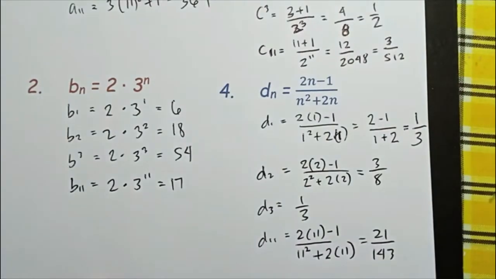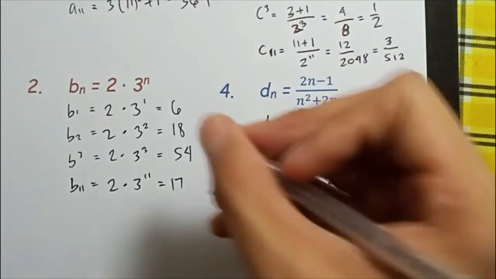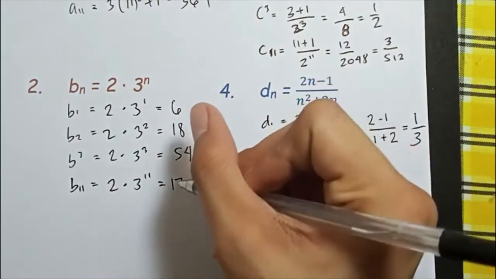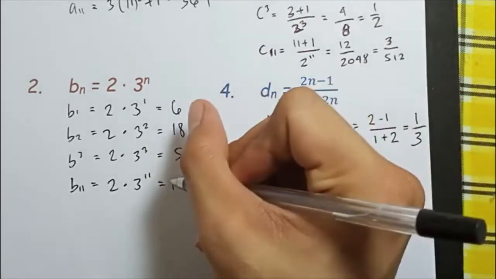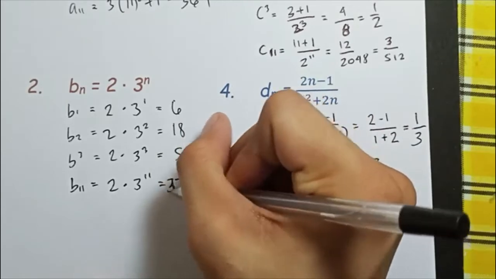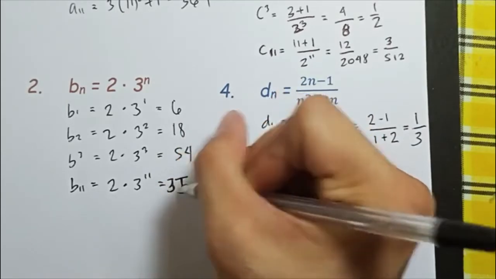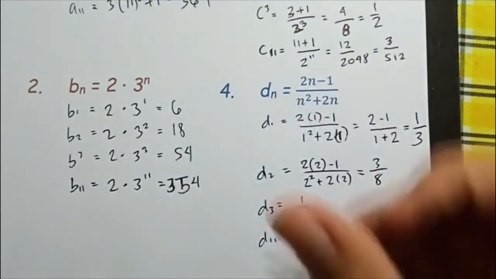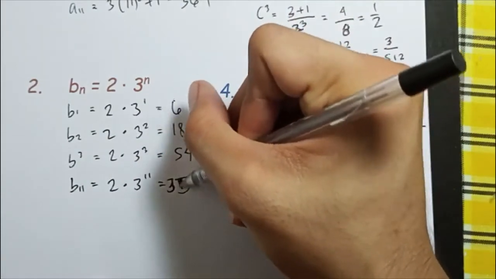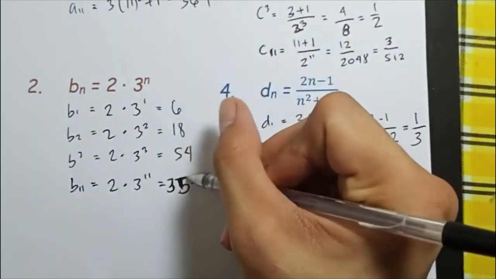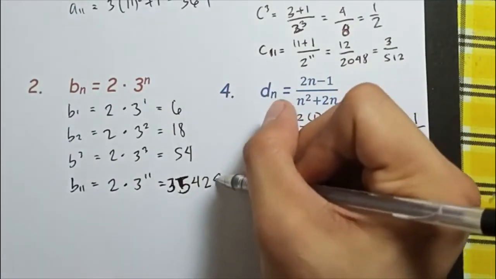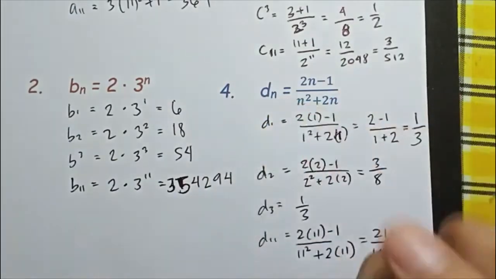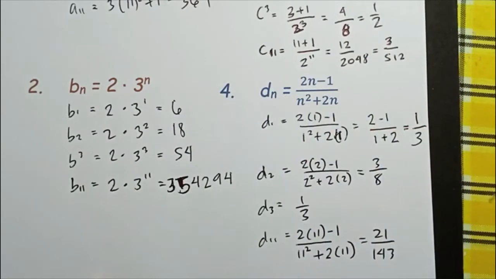Pag times 2 mo, lalabas is 354,294. Ang laki. So, ganun lang.